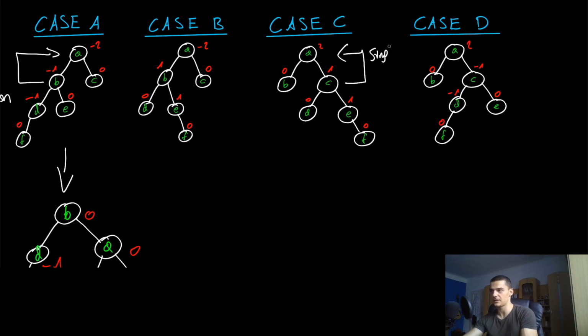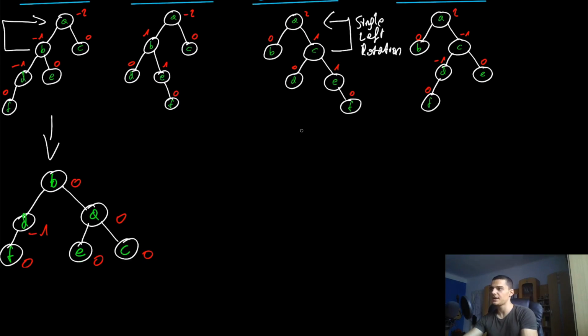So single left rotation here, essentially the exact same procedure. Now we let C be the root node, A is the left child of C, D becomes the right child of A. We have the same logic here, so let's draw it out.